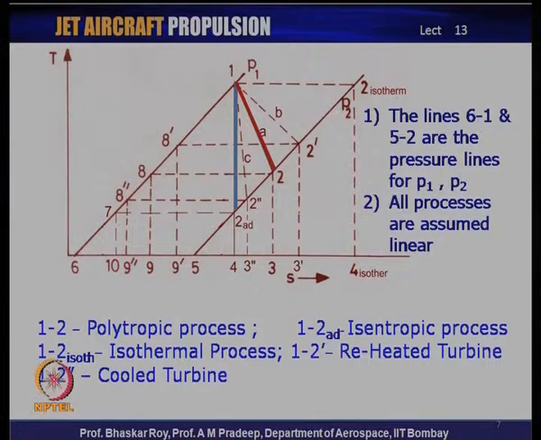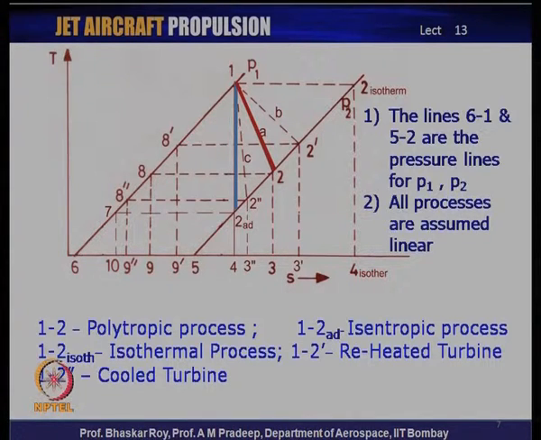And then we have 1 to 2 prime, which is a reheated turbine process. And then we have 1 to 2 double prime, which one may call, for absence of any other terminology, a cooled turbine.